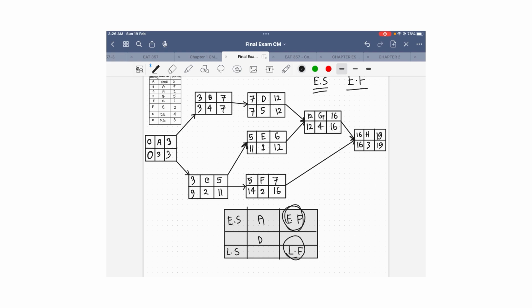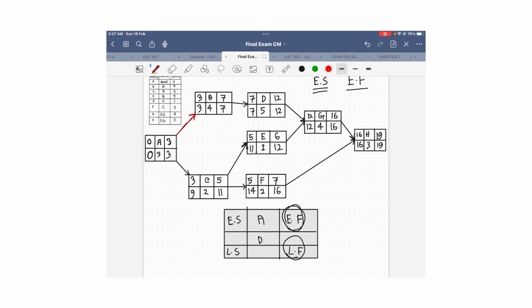When we look at the late finish and the early finish, the values are equal. You can see here 3 and 3. That means the early finish and the late finish values are equal. So we have 3 and 3, 7 and 7, 12 and 12, 16 and 16, 19 and 19. All those activities I will identify as the critical path.